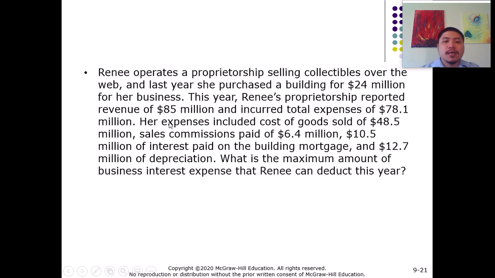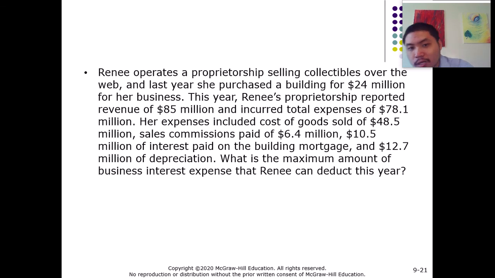And her expenses include the cost of goods sold of $48.5 million, sales commission paid of 6.4 million and 10.5 million of interest paid on the beginning mortgage, and 12.7 million of depreciation. Right? So the question asks, what is the maximum amount of business interest expense that Renee can deduct this year?